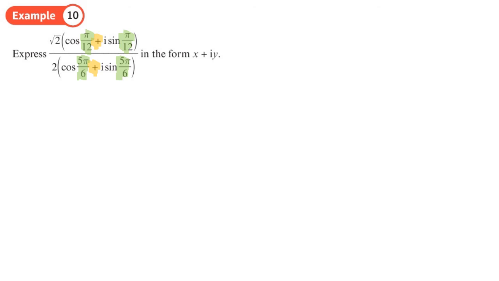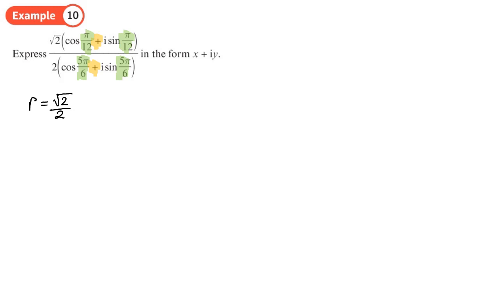So the modulus of this new complex number is going to be root 2 divided by 2. So I suppose I could leave it like that. Now I think it simplifies. Is it 1 over root 2? I think. Let me just check. Root 2 over 2. What's that become? Oh, it just stays as root 2 over 2.